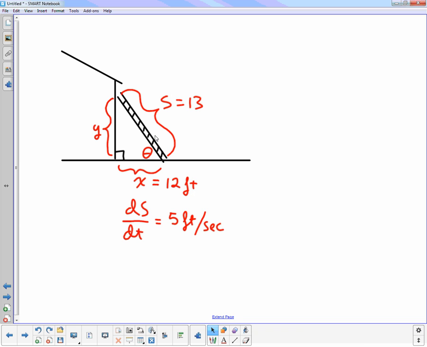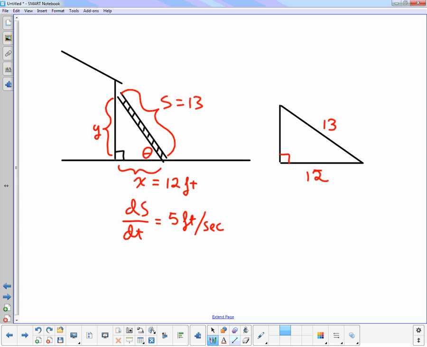We have a triangle. Let's turn it into a real triangle. Does anybody remember the second smallest primitive Pythagorean triple? 5, 12, 13 is the second smallest.